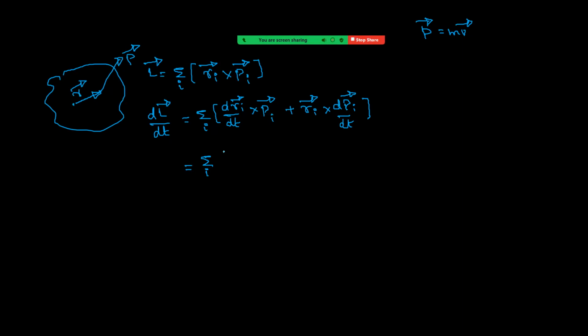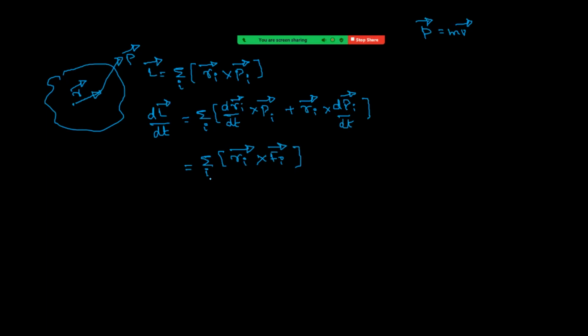So taking that here, it is Ri bar cross, this is the net force on the ith particle. Okay. So you can see Ri bar cross Fi bar. This is the torque on the ith particle.